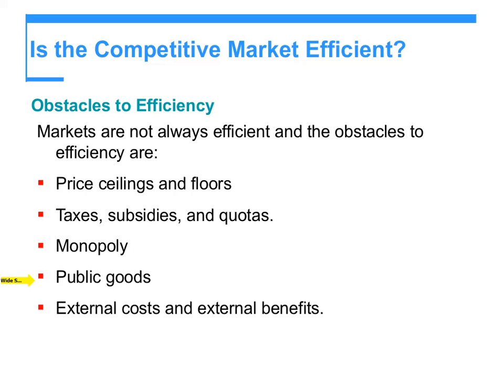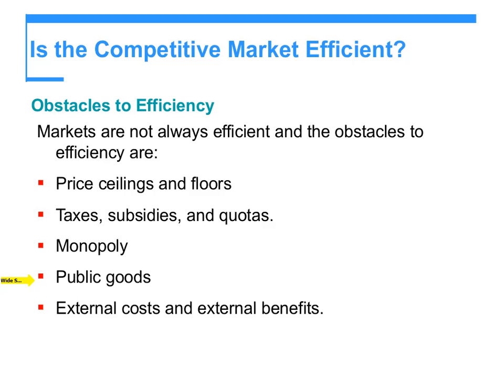First is price ceilings and floors. In some societies, demand and supply are not going to decide the price. There are some restrictions by government or by another party that tell you the price has to be this much. Just now you saw that demand was asking for example 10 ringgit or $10 when the quantity is 15 or vice versa.